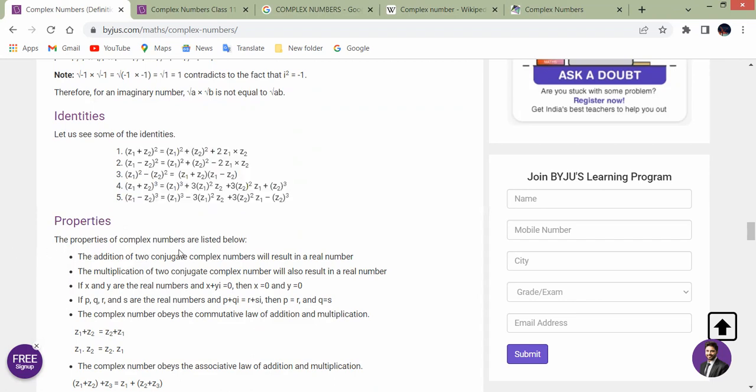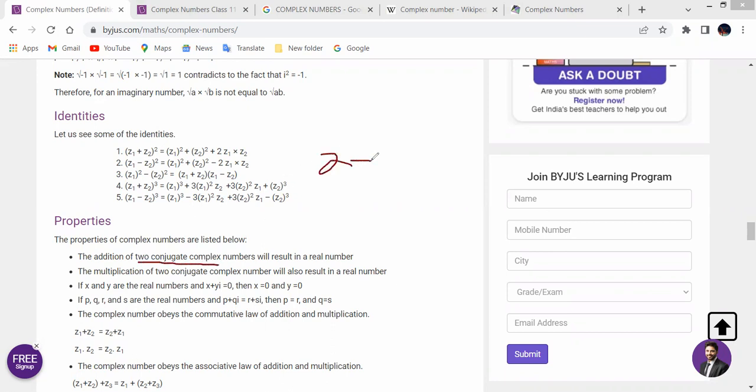Some of the properties of a complex number are listed below. The addition of two conjugate complex numbers will result in a real number.